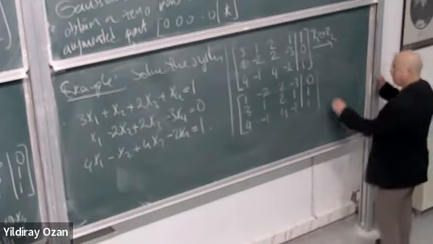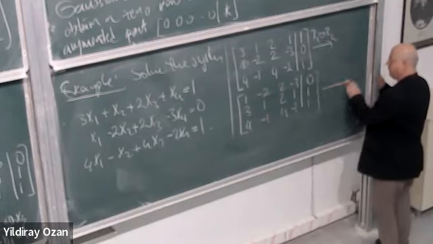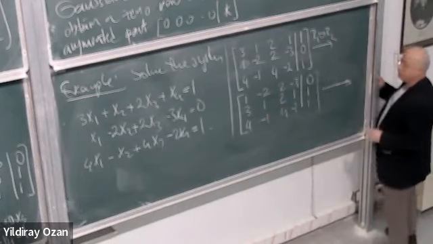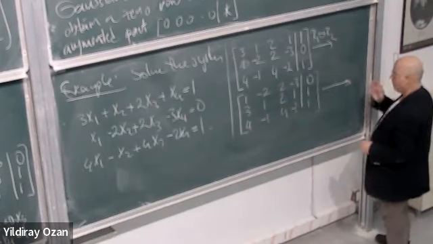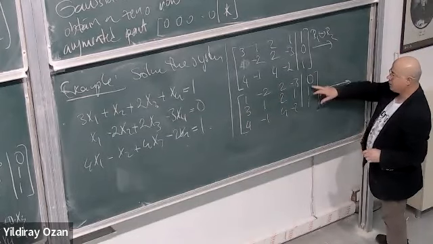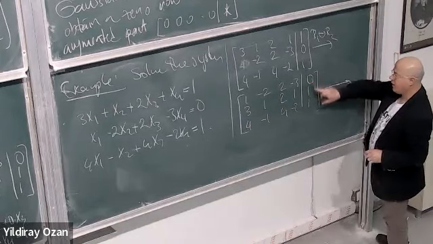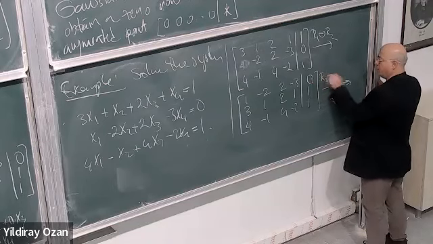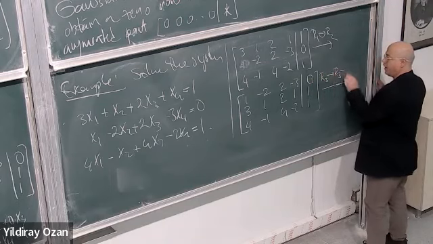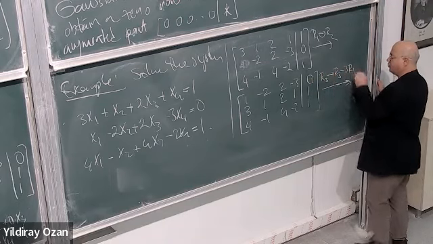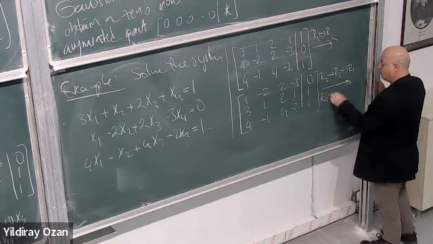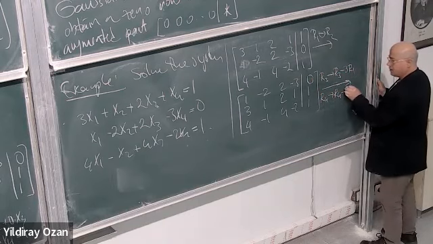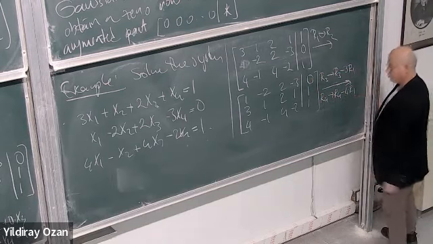Okay. And then is again as in the previous example, let me just multiply this one by 3 and add to this one with minus 3. So the third row is replaced by third row minus 3 times the first row, and the fourth row is replaced by fourth row minus 4 times the first row.